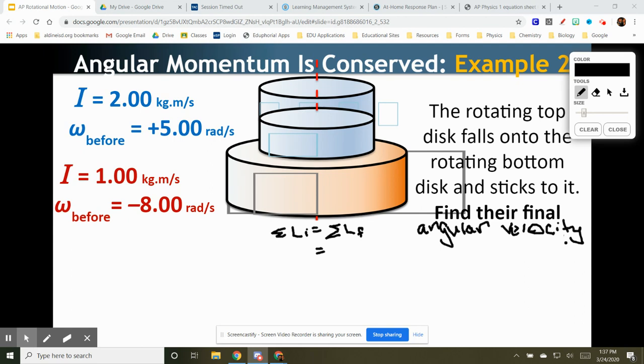So there's two objects, one for each of the disks. Excellent job.